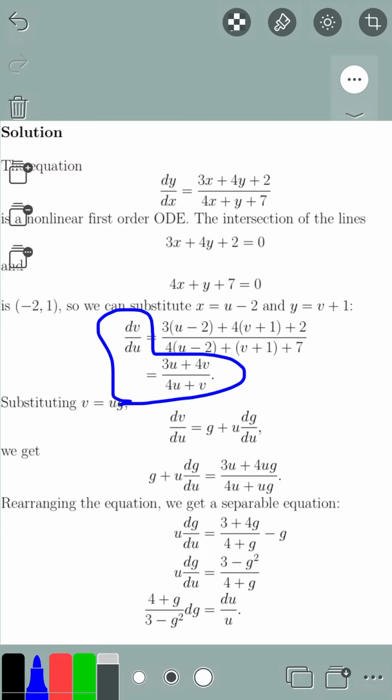dv over du is equal to 3u plus 4v over 4u plus v. So you can see that the c1 and c2 vanished. At this point, you can substitute v equals u times g, or you can use any other variable that you want other than g.